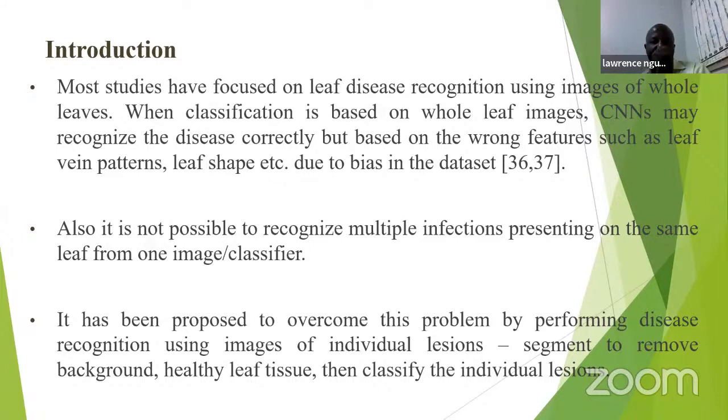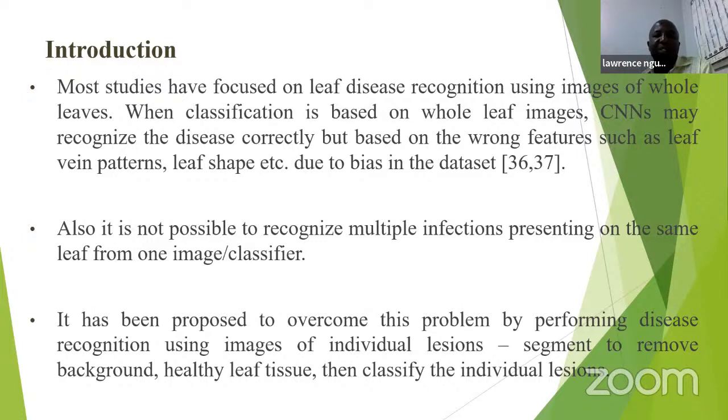When classification is done based on whole leaf images, the CNNs may recognize the disease correctly, but based on some misleading features such as leaf vein patterns, leaf shape, and so on, due to the bias in the data set. So when you come to test the CNN with images where this bias is not present, you find the performance of the network going down.